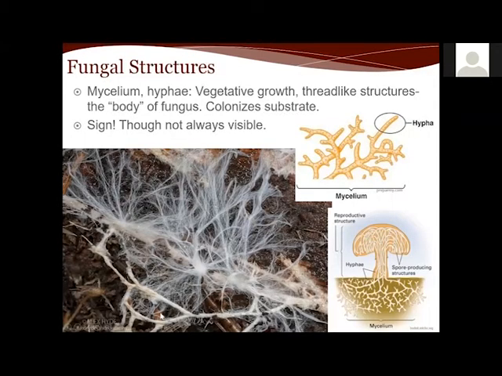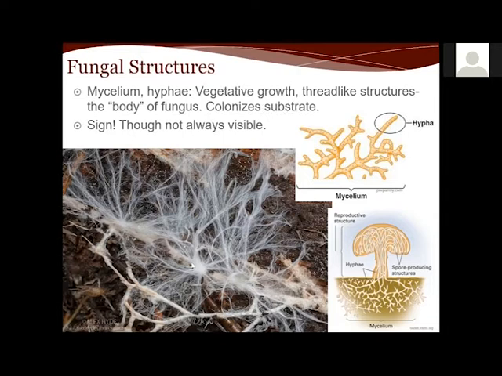The mycelium or hyphae is the cottony white substance that you see that looks kind of like threads or like pulled out cotton. This is the kind of body of the fungus, if you will. So this is the part that colonizes the substrate, whether that be dead plant material, a dead animal, it doesn't matter. Whatever is colonizing it, that's your hyphae.